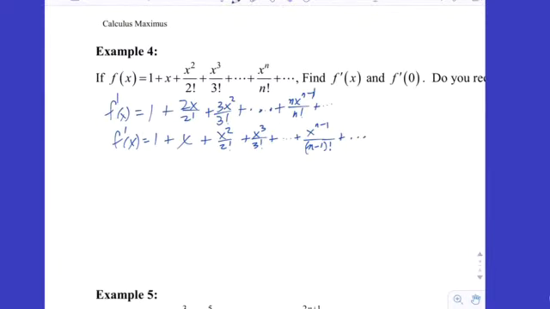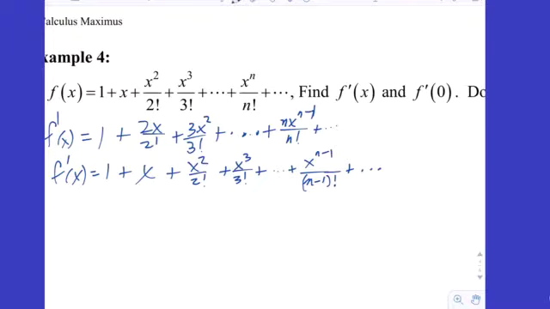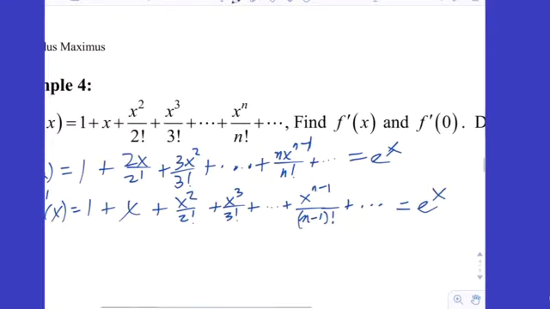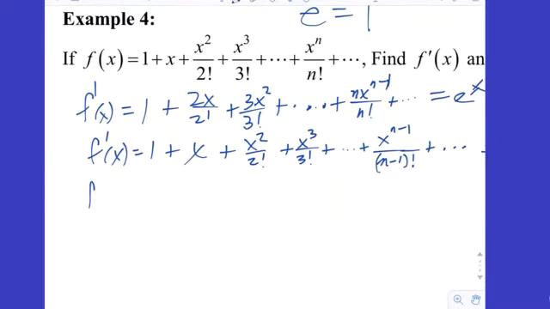Okay, and because it's a Maclaurin series, it should have the exact same value at the center, which is 0, as the function it represents. So yes, you do recognize this as e to the x. So what is e to the 0? 1, okay? So what should f prime of 0 be?